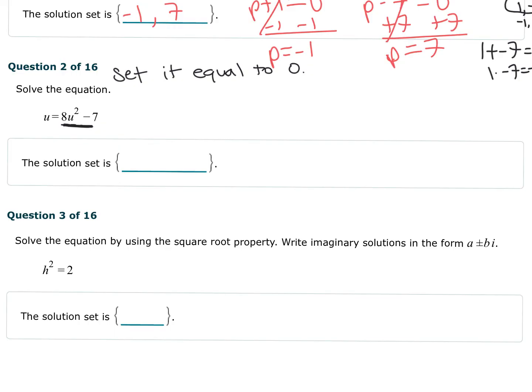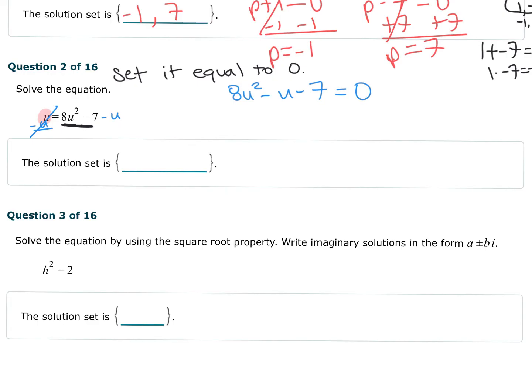So I personally, I'm going to choose to move the u over. And in order to do that, I just would do the opposite sign. So I would just subtract u really from both sides. And I'm going to rearrange it. And so I would end up with 8u squared minus u minus 7 equals 0.